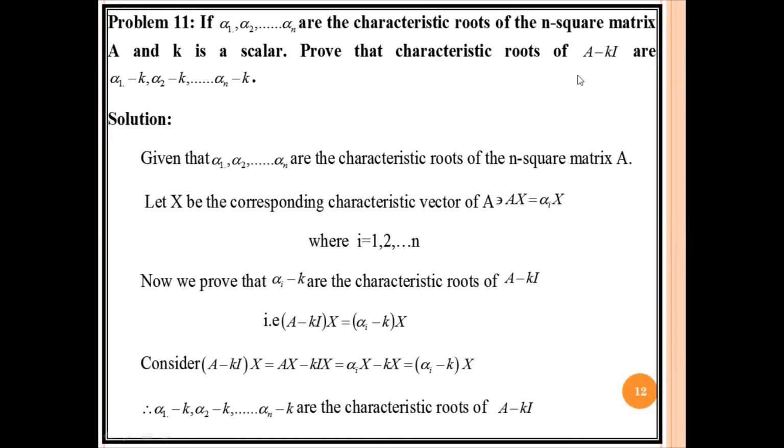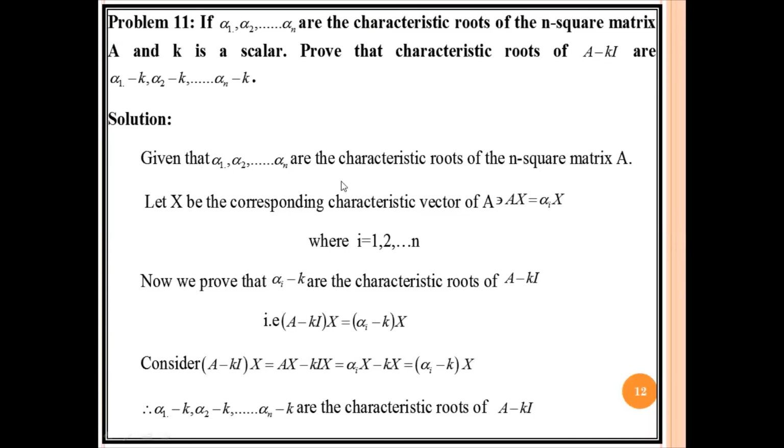We want to prove that these are the characteristic roots of this matrix. Already alpha 1, alpha 2, ..., alpha n are the characteristic roots of the matrix A. So using this, we want to prove that these are the characteristic roots of the matrix A minus kI, right?